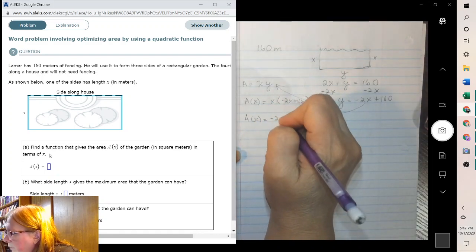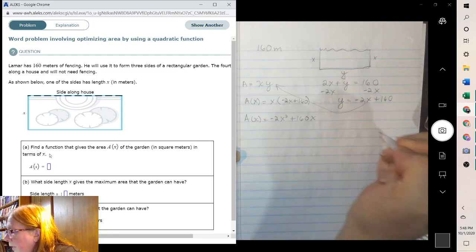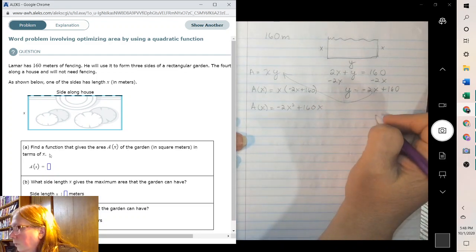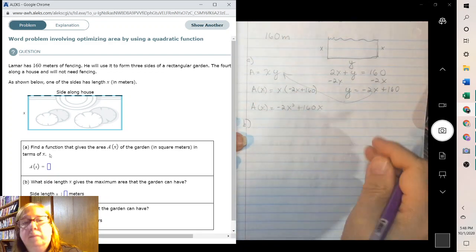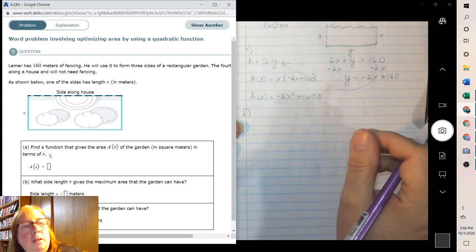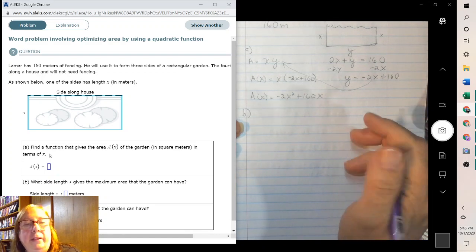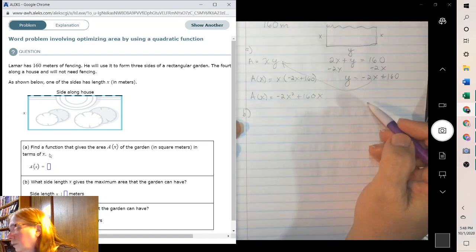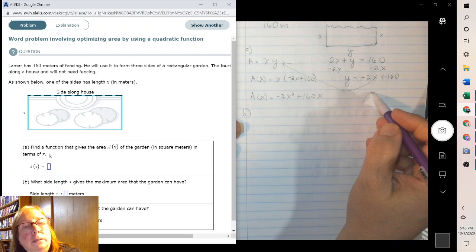Distributing the x, we have a negative 2x squared plus 160x. So that would be part A. B says, what side length x gives the maximum area? Well, this is a parabola. It's going this way, so the maximum would be the vertex.